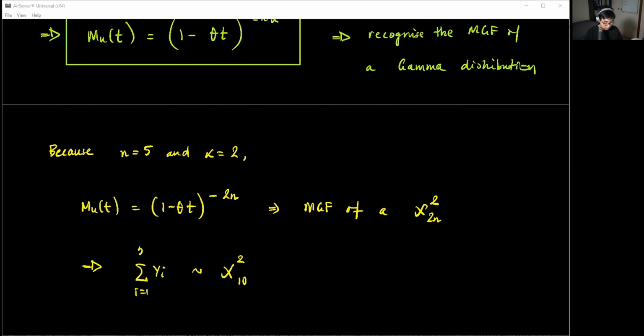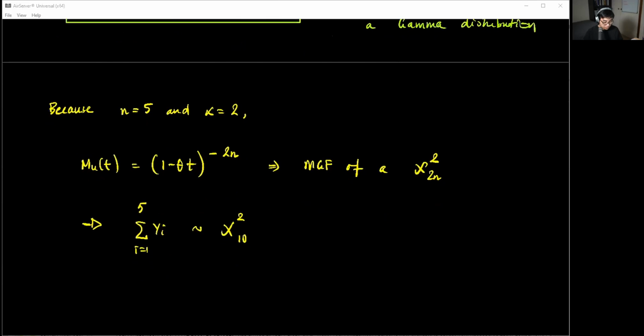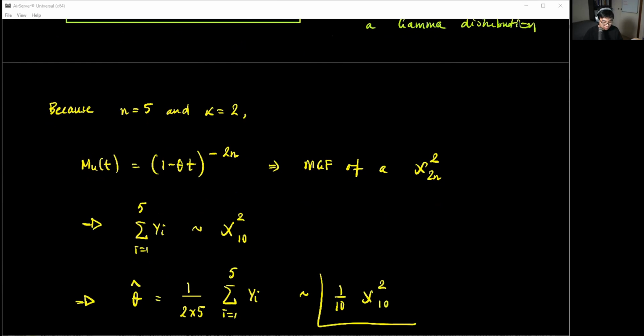So therefore theta hat, which is 1 over n alpha, so 2 times 5, times this sum right here, is just going to be distributed as 1 on 10 times the chi-square 10.